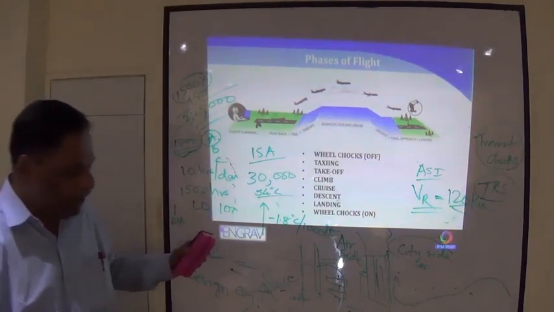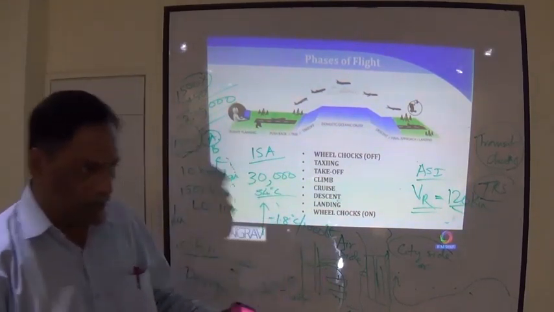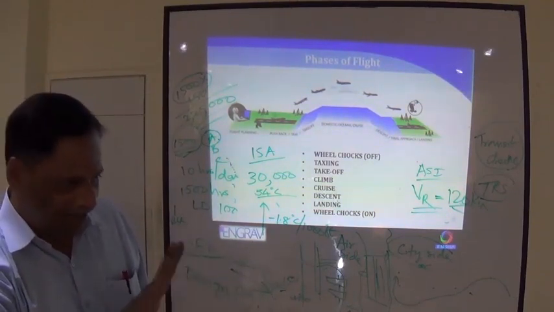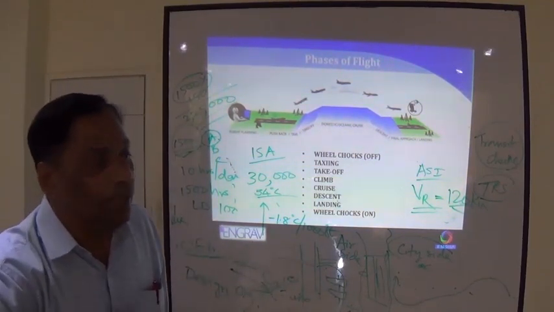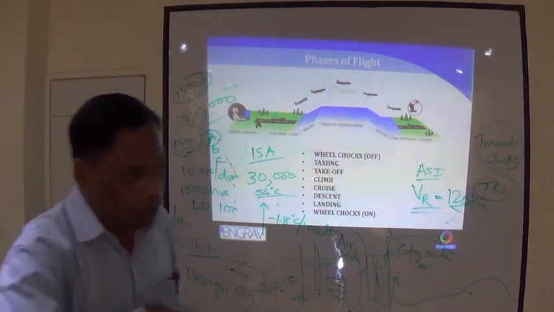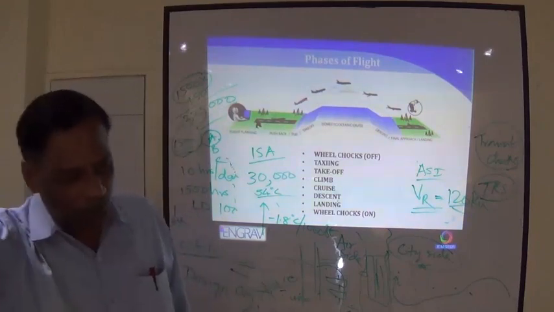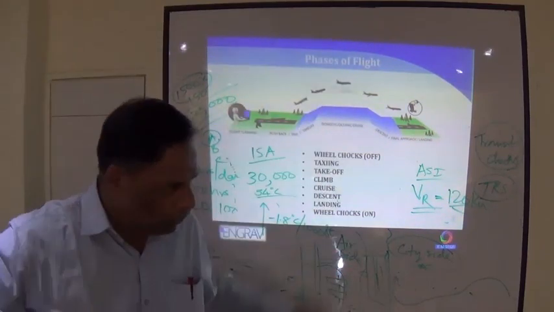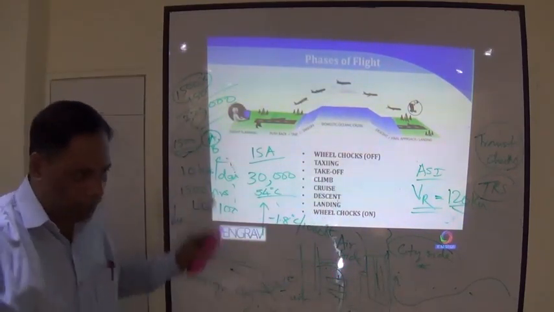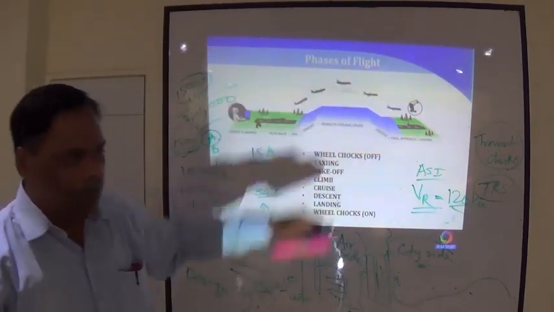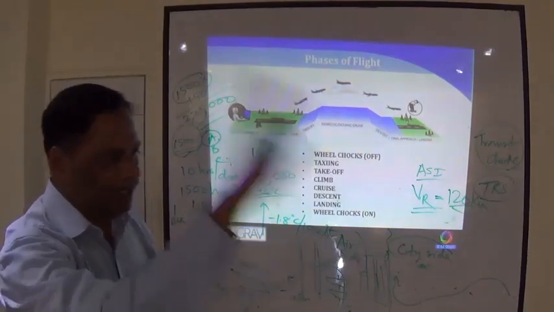You can't come and immediately land because your landing weight has to be less than a particular weight. So if you have an emergency during takeoff, you go out over the sea, dump the maximum fuel onto the sea, then come for a landing. Your weight is less now, so you can handle that.